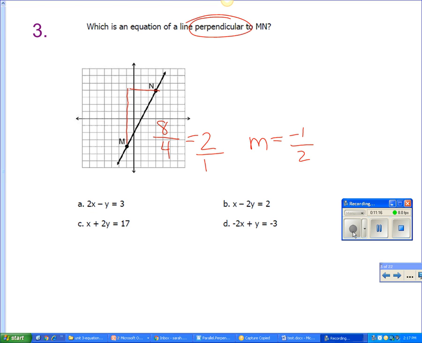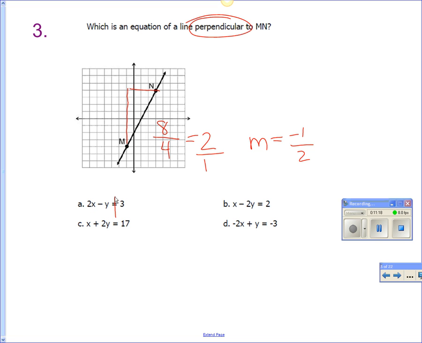So for A, I'm going to draw my line. Circle Y. What moves to the other side? 2x. It becomes negative 2x. And you have to remember what number's in front of Y? So it's a negative 1. So I'm going to divide them by negative 1.